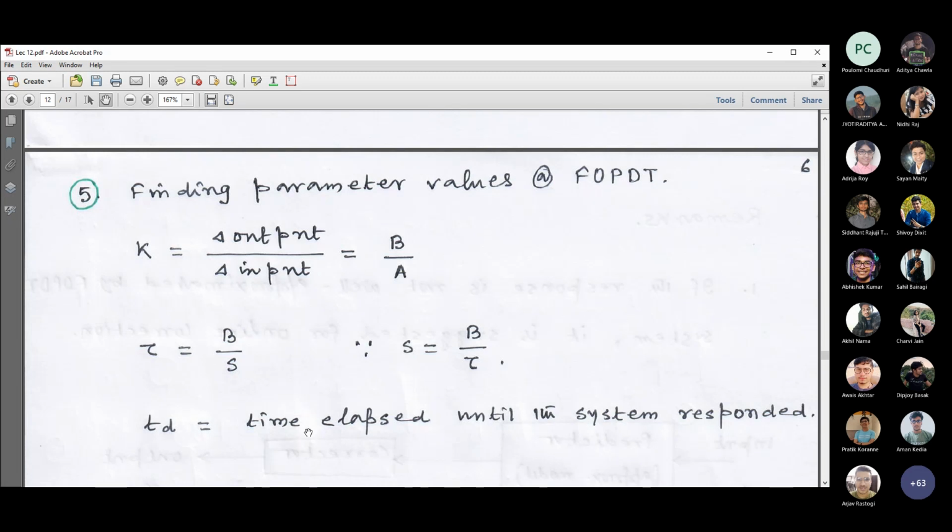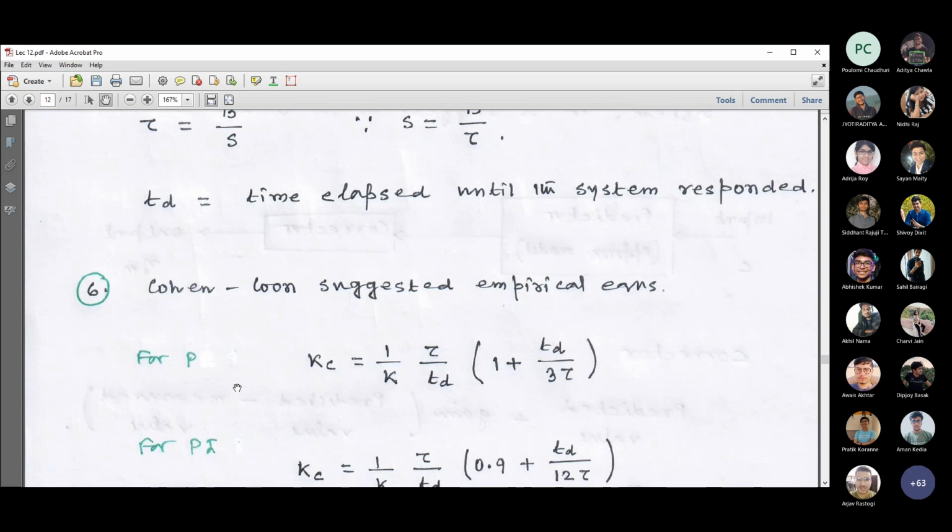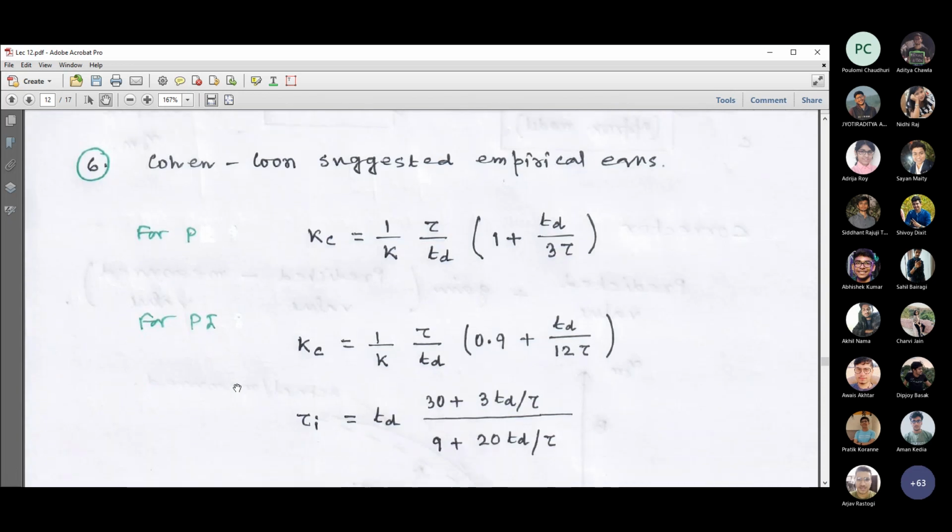Now the interesting thing is that Cohen-Coon suggested some empirical relations based on k, tau and td. If you know k, tau and td, you can easily determine the tuning parameters from these suggested empirical equations.